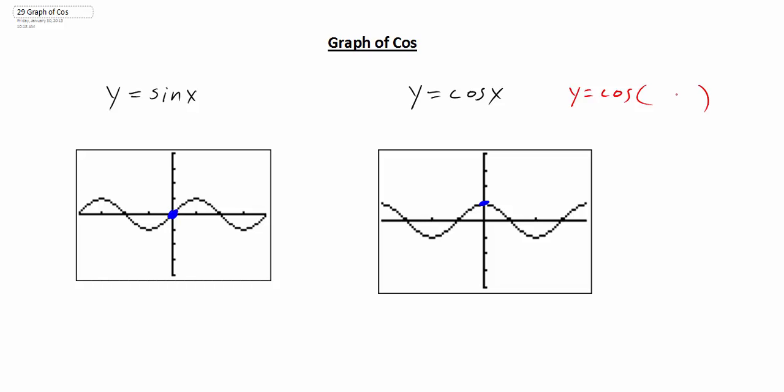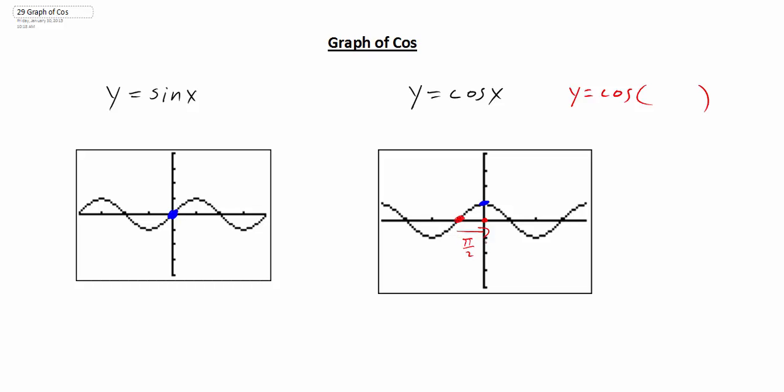Well, it looks like the only difference is if I take this point here and move it to the origin. So what would happen if I want to move this graph? Keep in mind this is actually negative pi over 2, so this distance would be pi over 2.